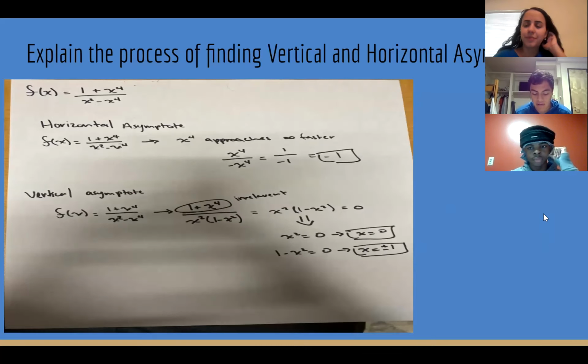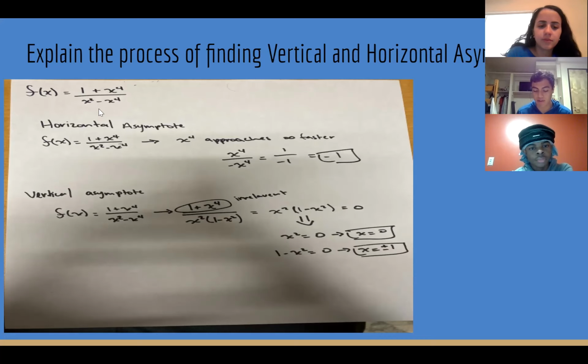For the horizontal asymptote, I looked at the exponents, and because we're working with infinity, the x to the fourth would approach infinity at a much faster rate than any of the other terms. So I decided to cancel out the other two and use x to the fourth over negative x to the fourth, giving me 1 over negative 1, equaling negative 1.